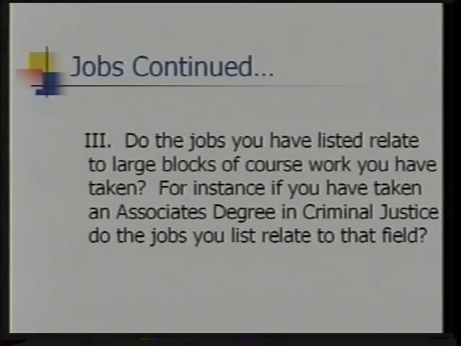This is real important because some of you may have an associate's degree in welding or associate's degree in cosmetology or associate's degree in electronics, associate's degree in business, but yet your work experience is in the area of plumbing. So we're going to have to be very careful to say, well, I have some plumbing experience, but I do have some carpentry experience. And if your associate's was in carpentry, I think the job that you ought to put on your application for work life should be in carpentry.